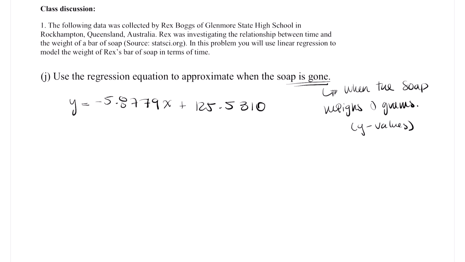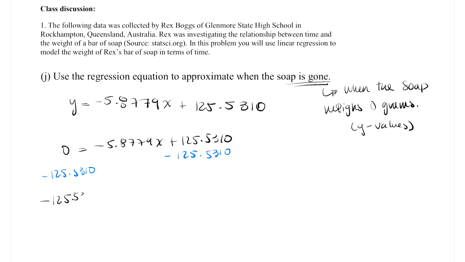So we're going to let y equal 0 and write negative 5.8779x plus 125.5310 equals 0. Now we can subtract 125.5310 from both sides to end up with negative 125.5310 equals negative 5.8779x.